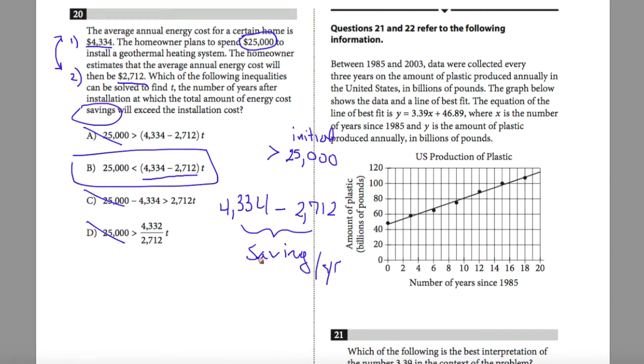And since it's a rate, it's going to be connected to time. So here it is going to be the rate times the time in years. So it's your savings per year connected to your time, and eventually your amount of savings will exceed your total installation cost, which is why he's making this decision in the first place. So 20 will be B.